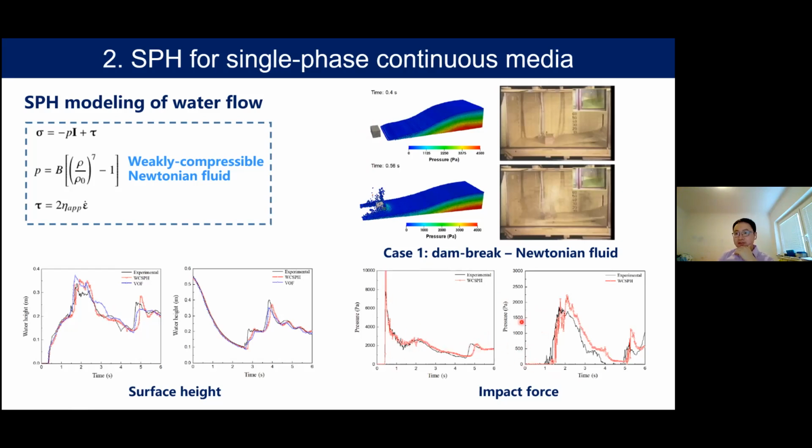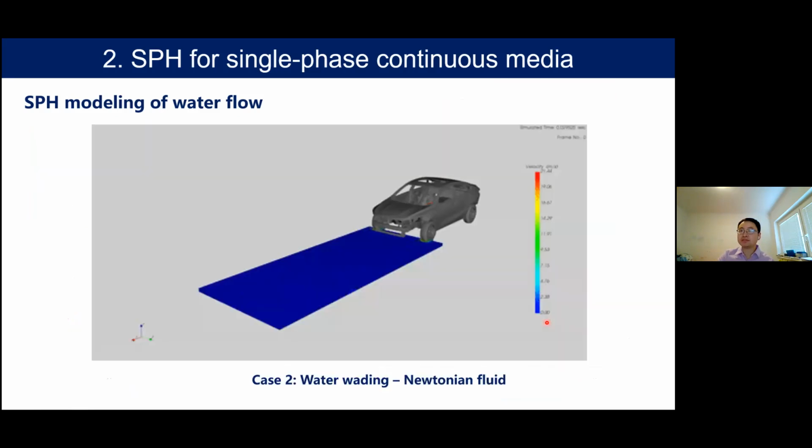And we can again find that SPH can give good results in terms of impact force. So it not only gives correct modeling of the deformation and the kinematics, but also gives correct results for the impact force, the stress and pressure.